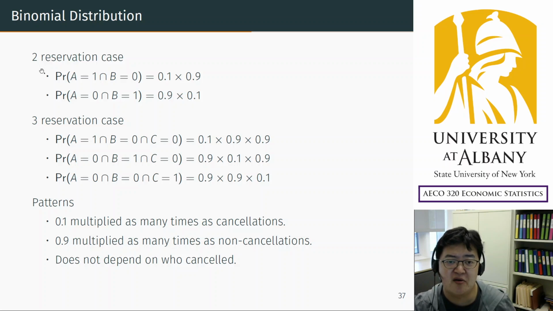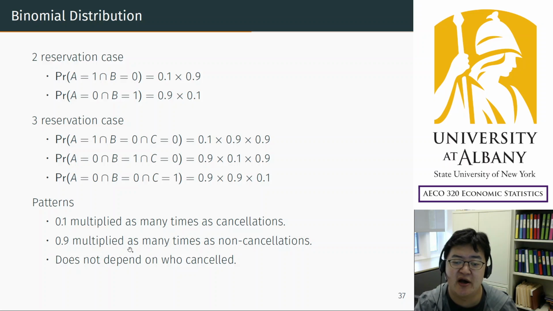So there is also a pattern in single outcome probability. As I said, the pattern is 0.1, which is the success probability, multiplied as many times as the number of cancellations. And 0.9 replaces whenever non-cancellation happens.